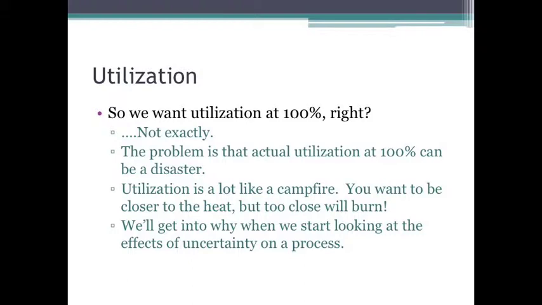So utilization is kind of like a campfire. You want to be closer to the heat, but you don't want to get burned. So, again, when it comes to utilization, we want a high utilization, but we don't want it so high that we end up causing this issue where we have these moments of blocking and starving that end up effectively gumming up our system, if you will.